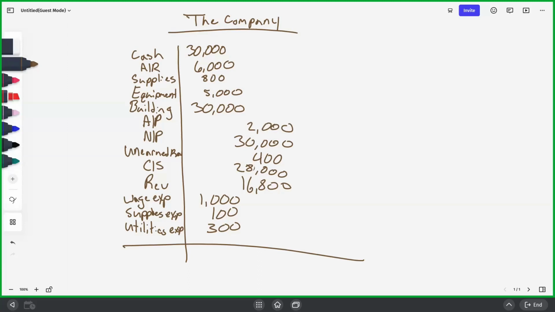Let me make sure everything adds up real quick. $28,000. Common stock is 20,000.